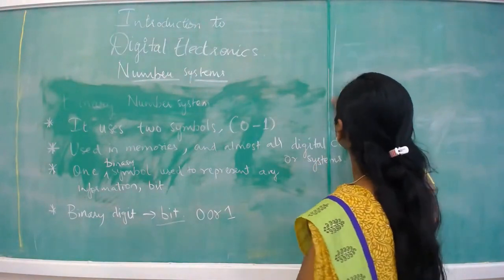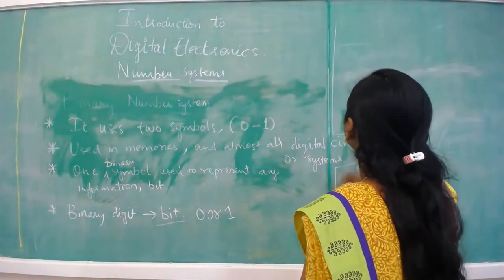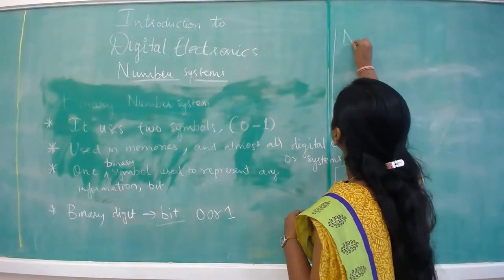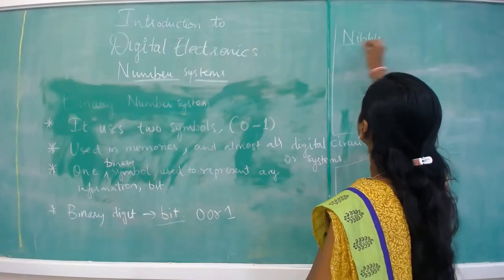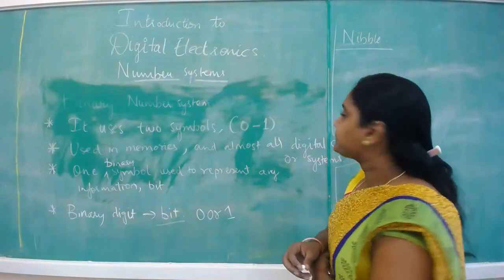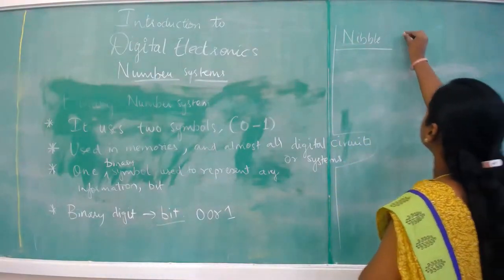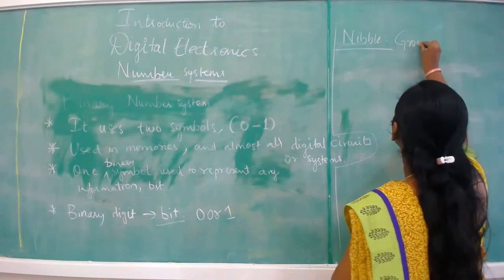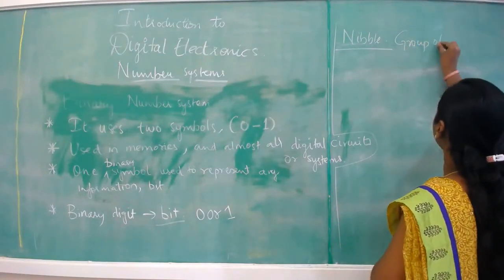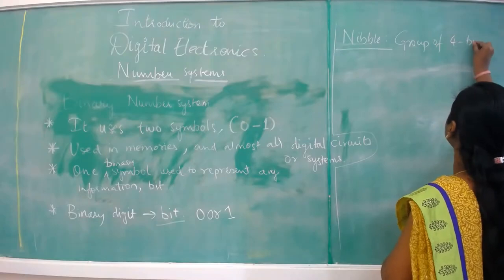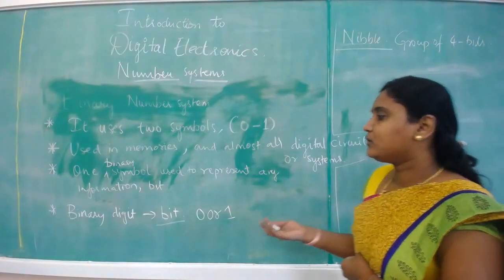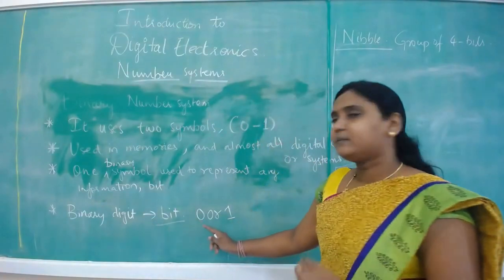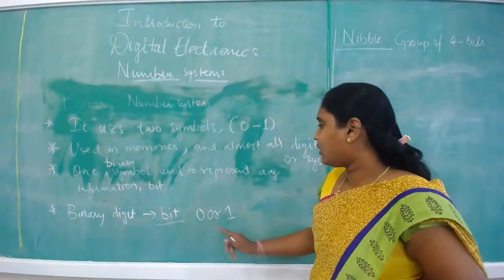Now, nibble. Okay, nibble. Group of 4 bits. Now I have told you what a bit is. Bit is a single binary symbol, 0 or 1.